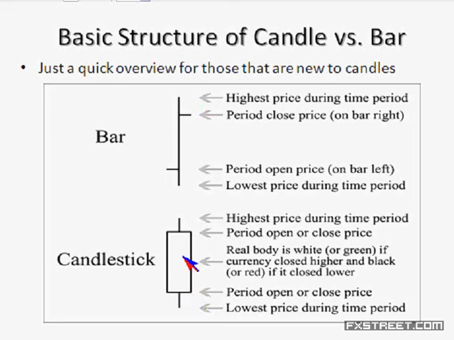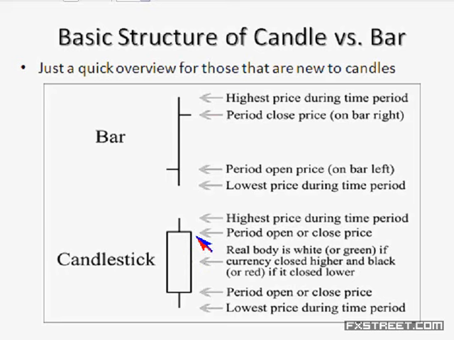The body is represented by a color. If it's a bullish candle, which means that the net movement, the net price action, was up, that body is usually either white or green.